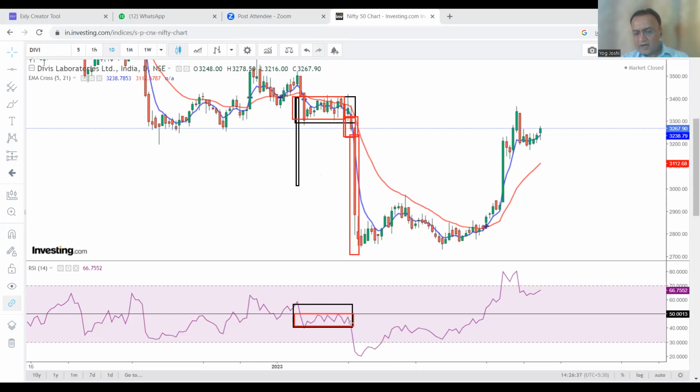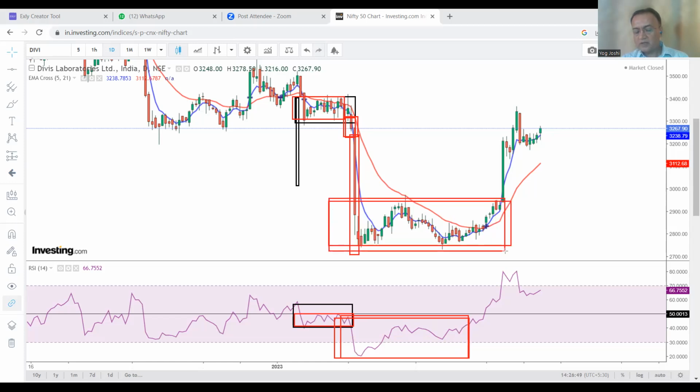So whenever RSI is below the 50 level, we expect sideways movement or a downfall. It is not a sign of upward direction. Whenever RSI is below the 50 level, we observe sideways or bearish momentum in the chart. Clear?